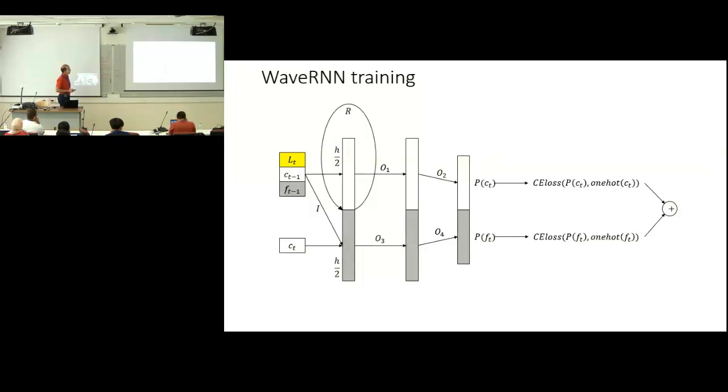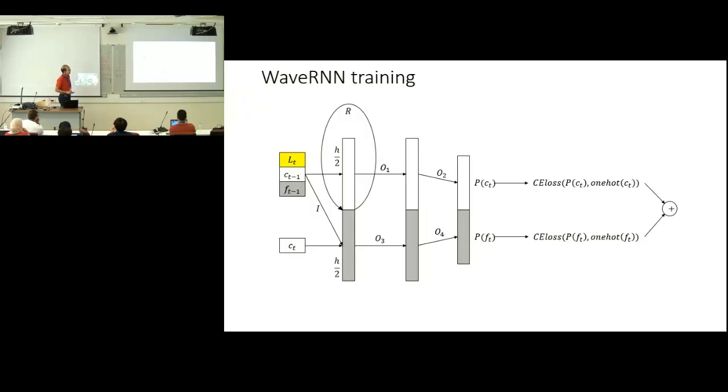We get the coarse and fine bytes from the previous time step, and the coarse byte from the current time step, and we put them as input to the network, but we have to take care that the first part of the hidden state is affected only by these two values, and this part of the hidden state is affected by all values.